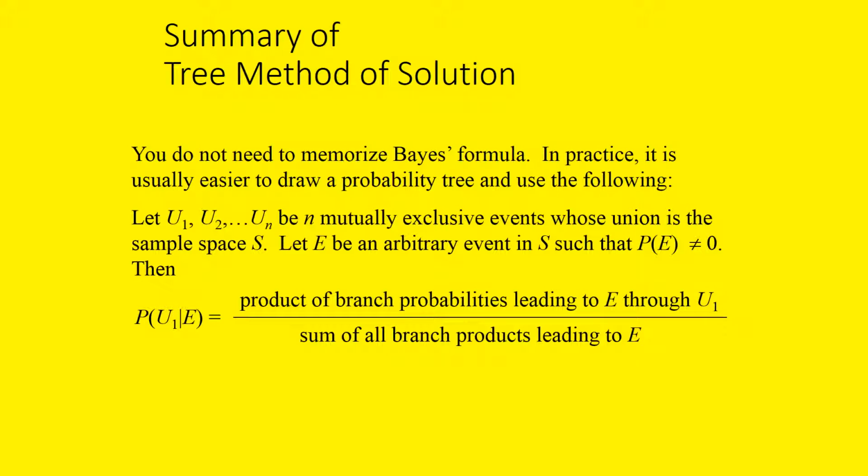And the sum of all branch products leading to E was the sum of the probabilities represented by those two branches. So make the tree, let the tree describe the entire problem situation with all of its conditional probabilities, and divide the probabilities represented in the successful branches by the sum of the probabilities represented by all branches.